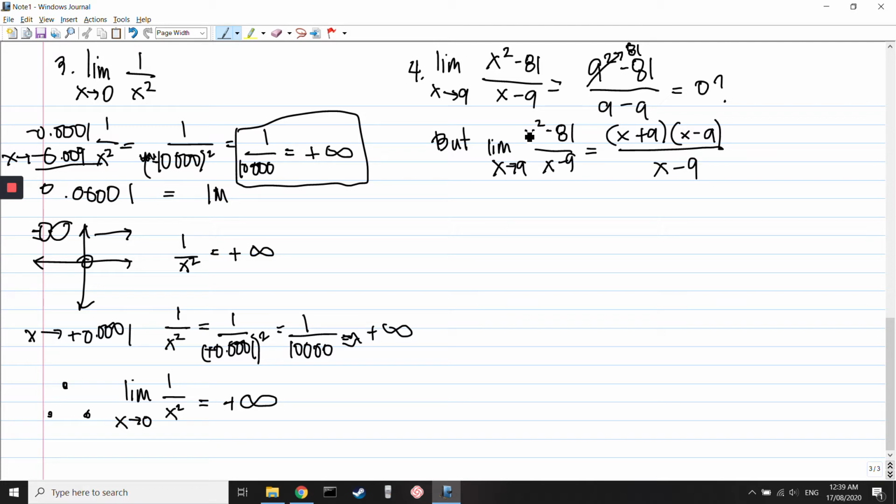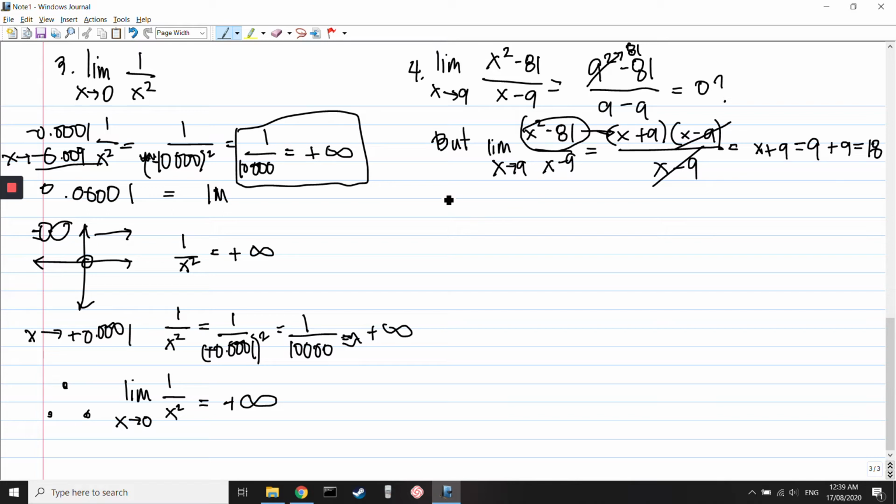These values are from here, just expanded by the equation. So we can cancel out the same terms. So the remaining term is x plus 9. Then simply input x approaches 9 into x. So 9 plus 9 is equal to 18.